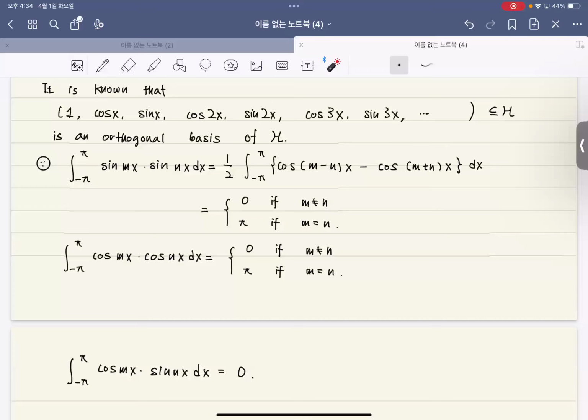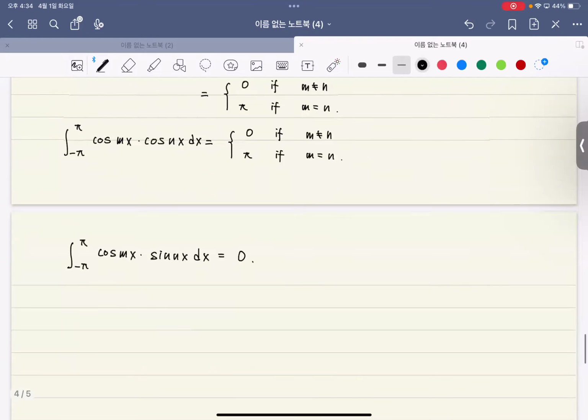All right, great. Now we know that these are orthogonal vectors. Also, it is known that they are not just orthogonal vectors, but an orthogonal basis. That means every function f in vector space H can be written as a linear combination of these basis vectors.